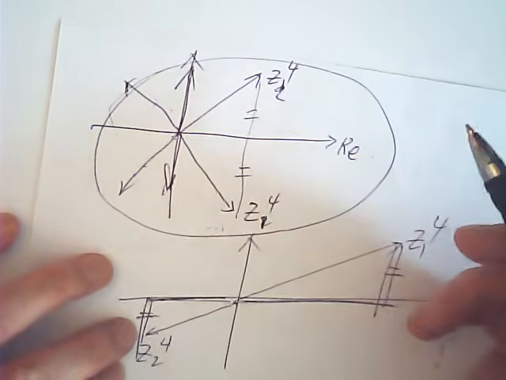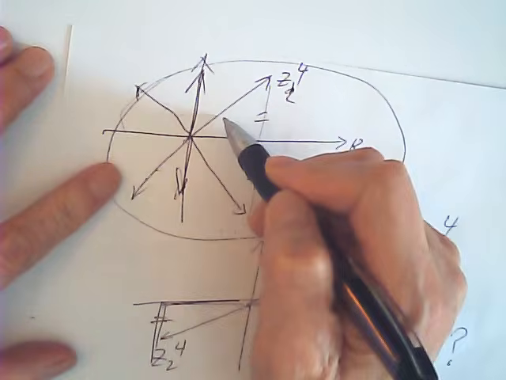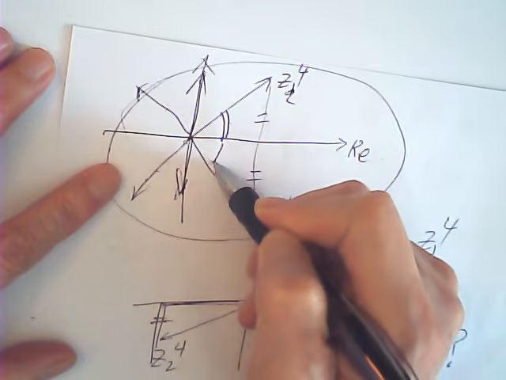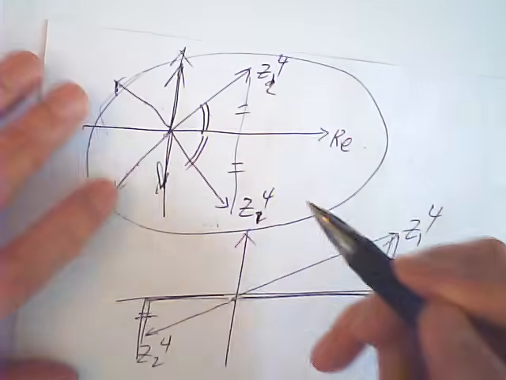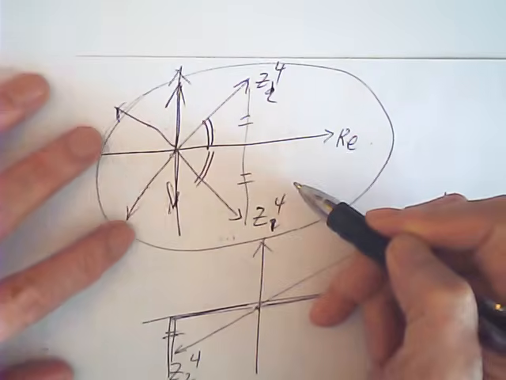So one way or the other, the important thing is that this angle must be equal to the negative of that angle. That is my conclusion.